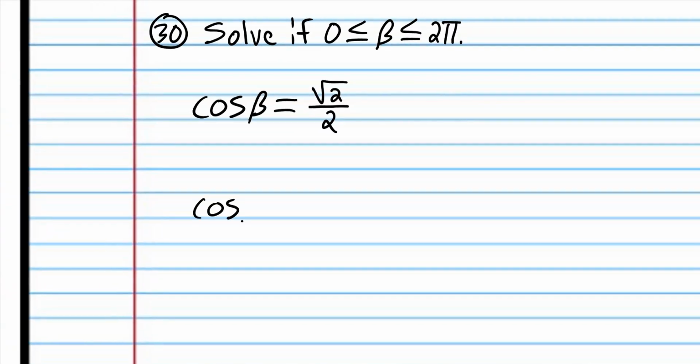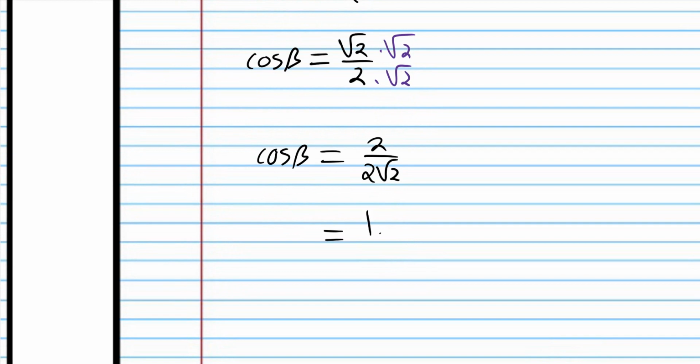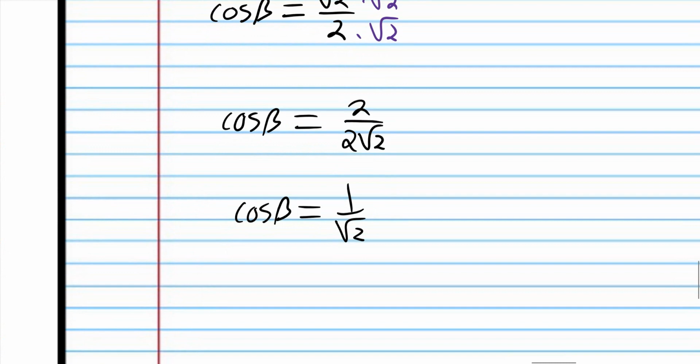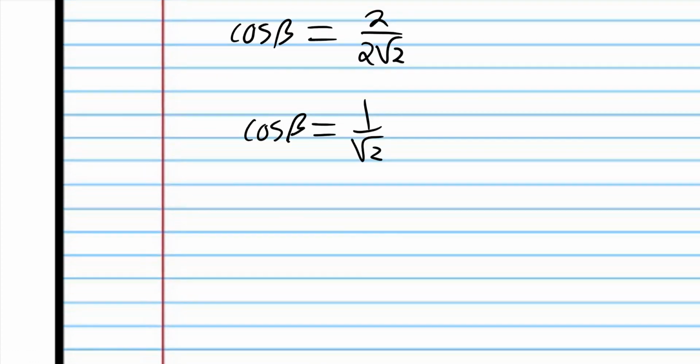Okay, we're back. So I'm going to multiply both sides of the equation by root 2. And we get 2 over 2 root 2, which reduces to 1 over root 2. And so we recognize this ratio as a 45, 45, 90 degree triangle. And if cosine is positive, then we can have our angle terminate in the first quadrant and the fourth quadrant.